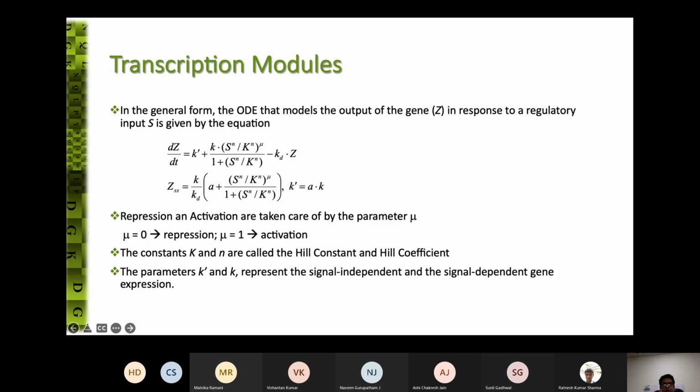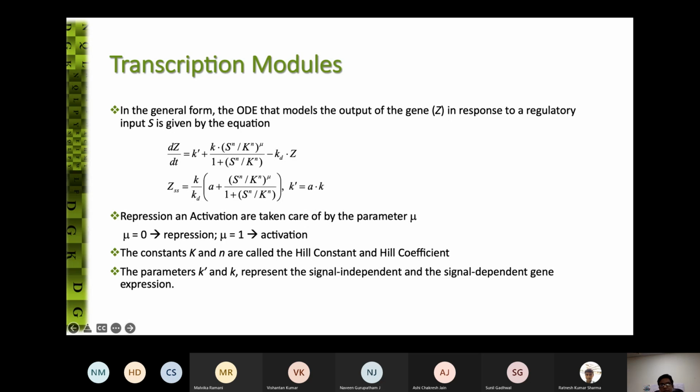Z depends upon some kind of latent or basal synthesis that takes place, some amount, and then there is the synthesis that is dependent upon some kind of an initiator S, and there is a certain amount of degradation that takes place always, because these being real systems, they cannot be infinitely producing.